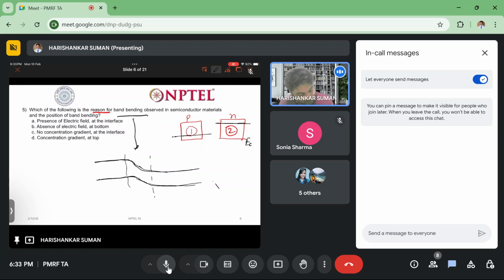This is the valence band and conduction band, valence and conduction.